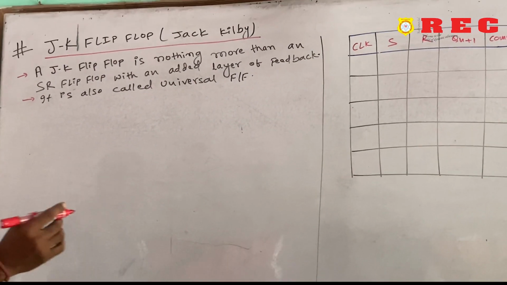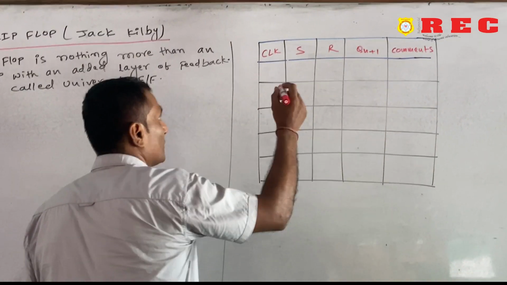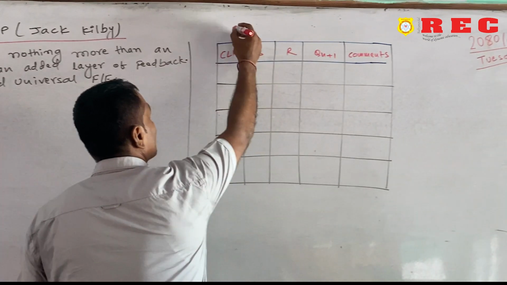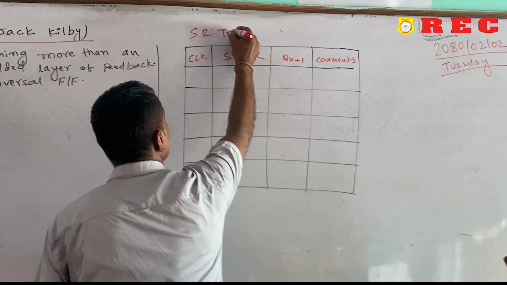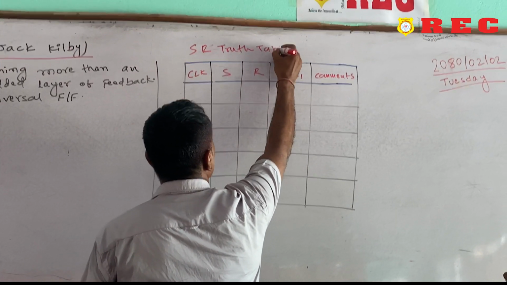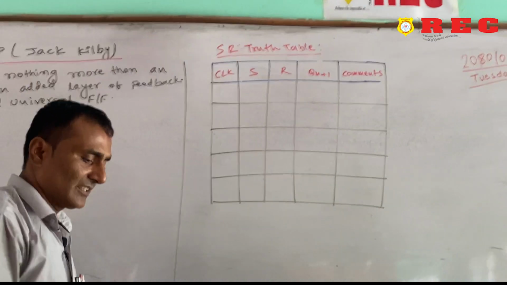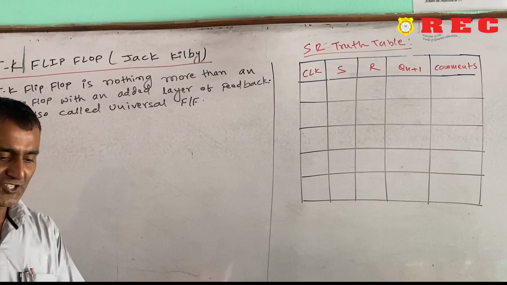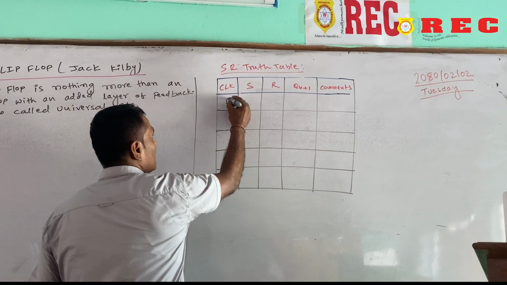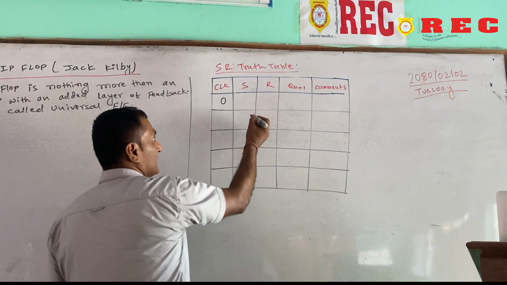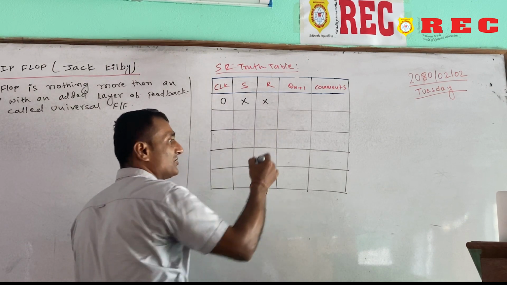First of all, I am going to make the SR truth table. Just remember the SR truth table. In the SR truth table we have studied that while the clock is 0, S may be 0 or 1 and R may be 0 or 1, whatever.